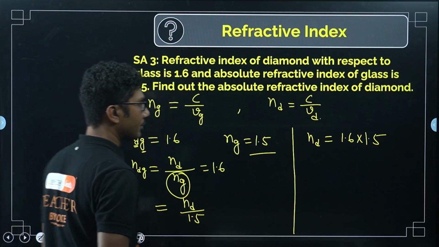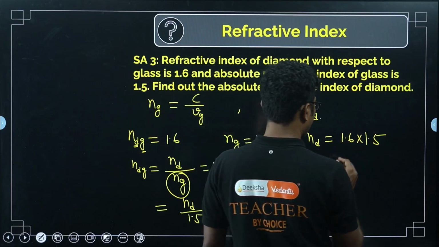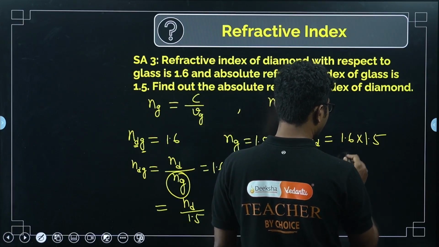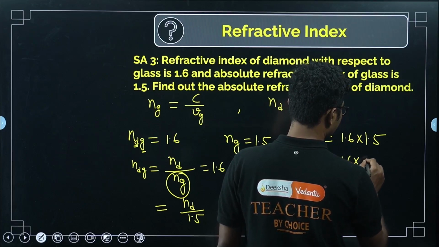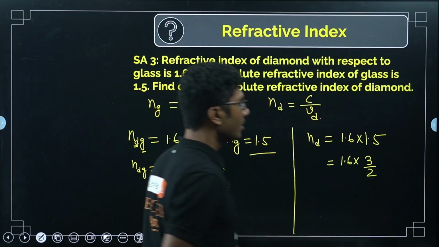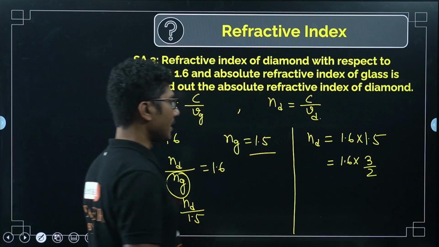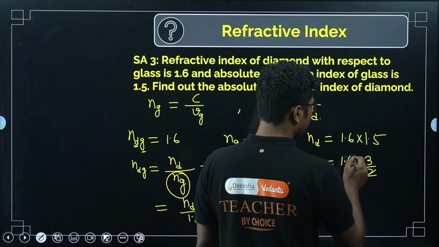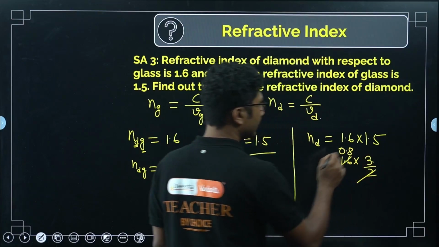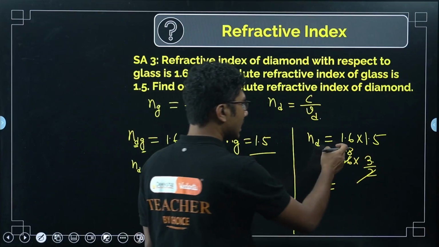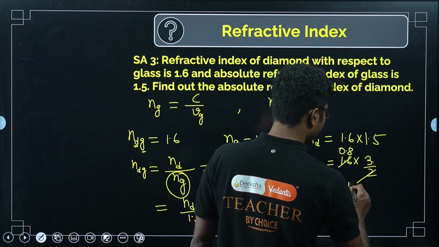So Nd is equal to 1.6 times 1.5. Now how can you calculate that? So 1.6 times 3 by 2. 1.5 can be written as 3 by 2. You are not using any calculator, so 0.8, and 3 8s are 24. There is one decimal, so 2.4.